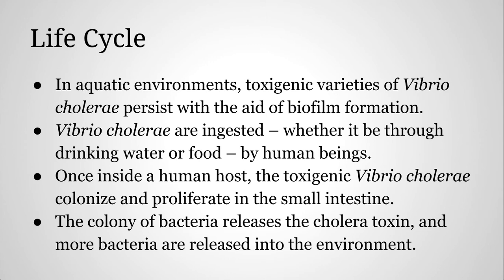The factor which triggers the release of the toxin is unknown, but the toxin causes diarrhea and vomiting, which releases more Vibrio cholerae bacteria into the environment and back into water sources, especially in developing countries with poor sanitation systems, and they're re-released into the environment in a bigger population and are re-ingested by human beings, and the cycle starts all over again.